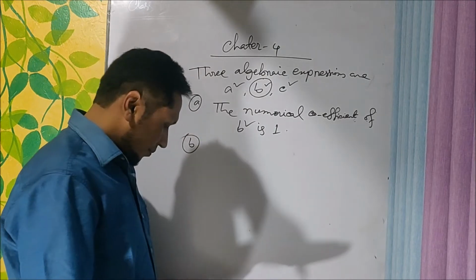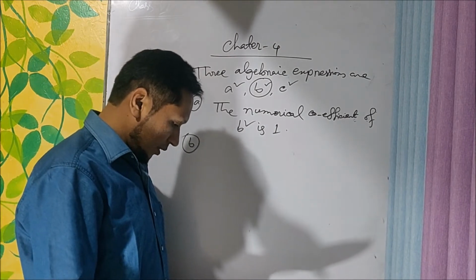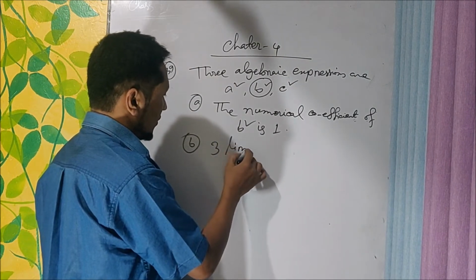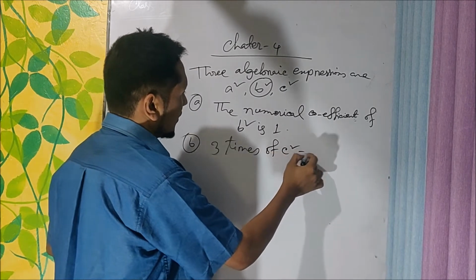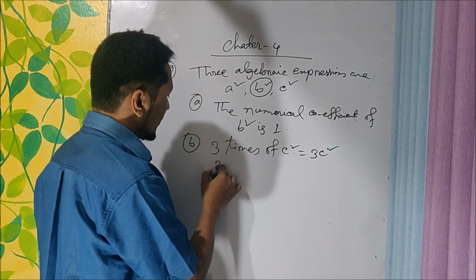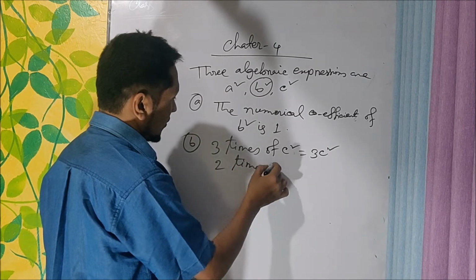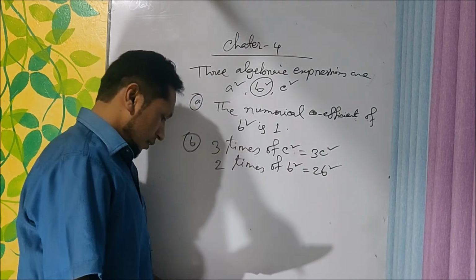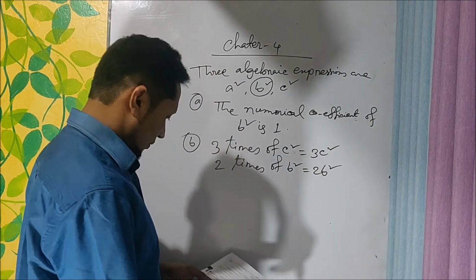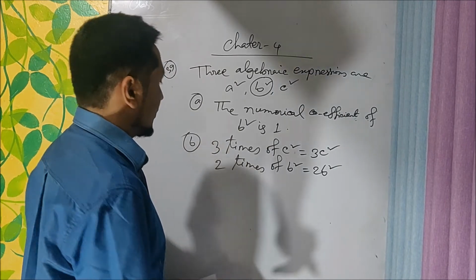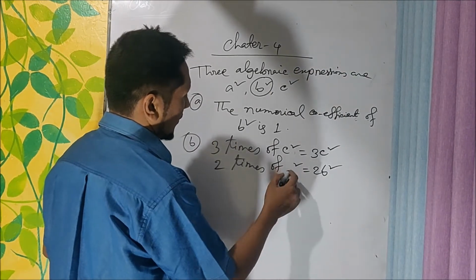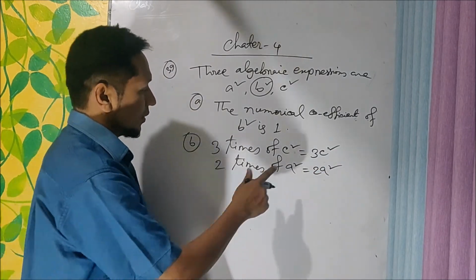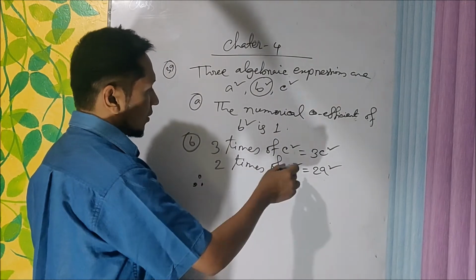Part B says, add 3 times of c square with 2 times of a square. 3 times of c square is 3c square. Sorry, here it is not b square; it is 2 times of a square, which is 2a square.